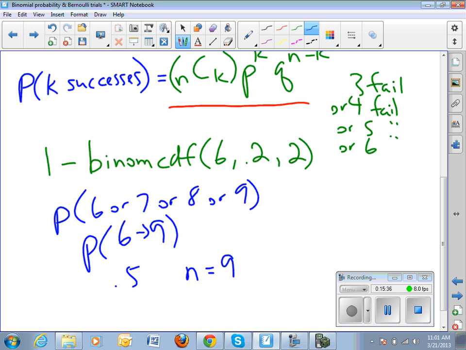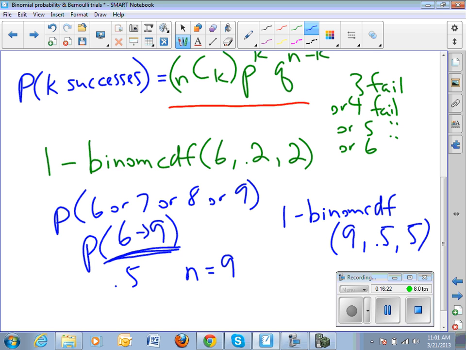So it's 1 minus the binomial CDF, parentheses, 9 trials, 0.5 probability of success on any individual one, and we only want to go up through 5, because we want to calculate the probability of 0 through 5 successes, and then we'll subtract that from 1, and that'll give us the probability we really wanted here, 6 through 9.